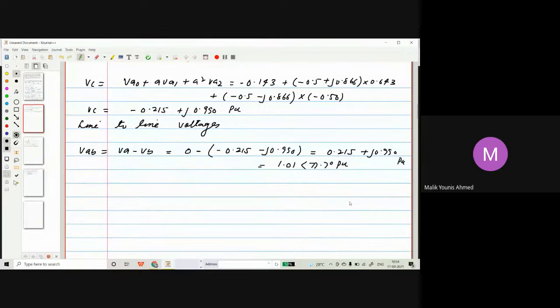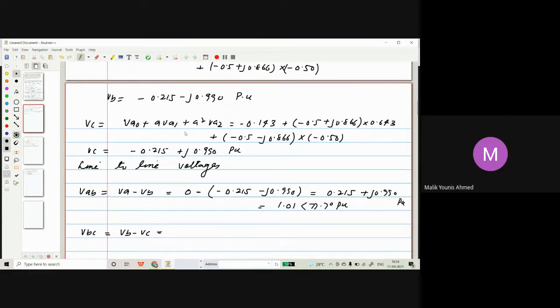Next is VBC, from the line between line B and C. So that will be VB minus VC. You can see what is the value of VB.